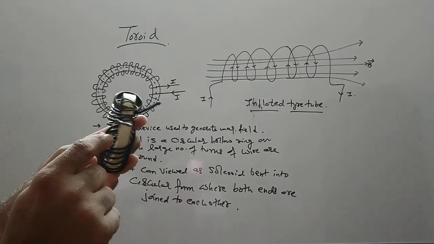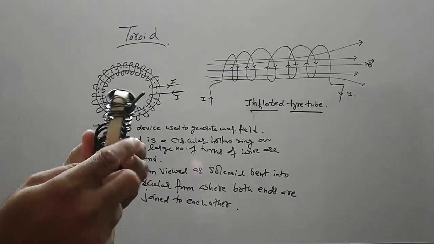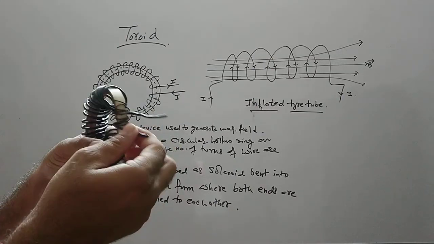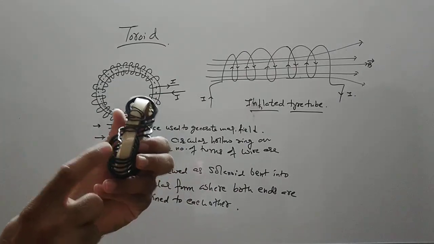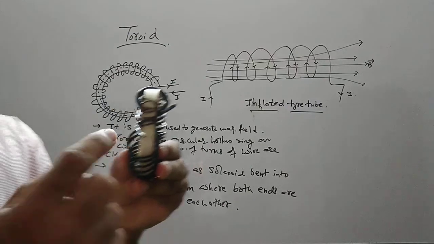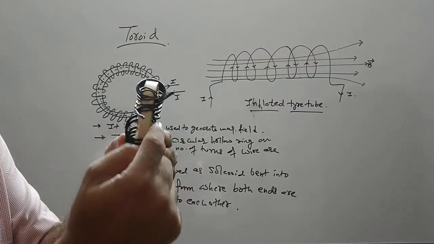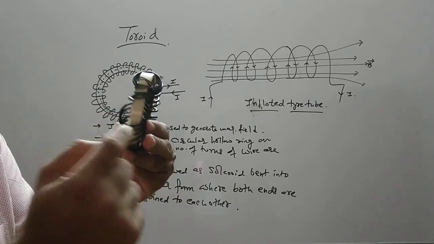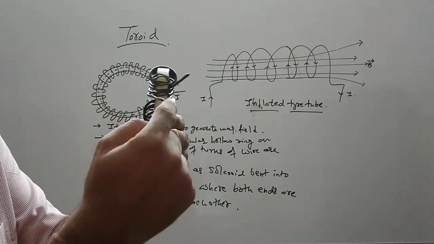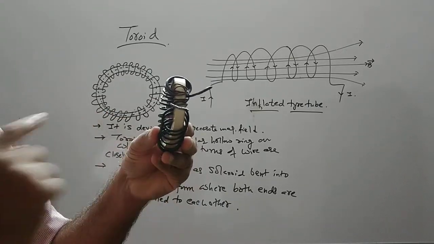Now if I see the pattern of the current direction, if it goes in from this side, it will be clockwise. For my case, if current goes in, the ring is circular, but the direction of the current is clockwise.